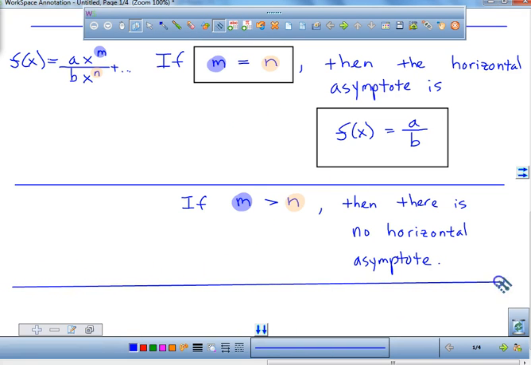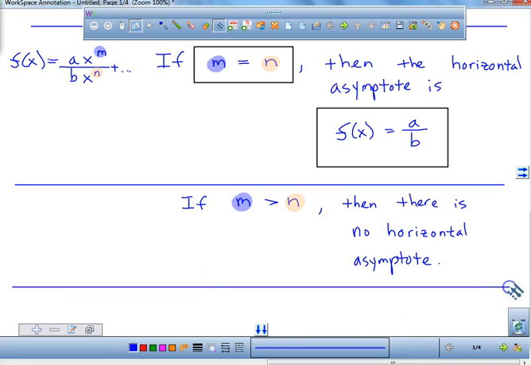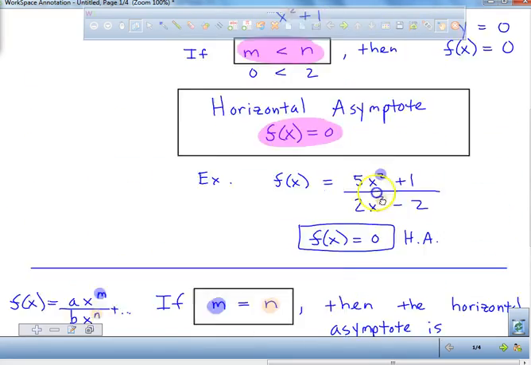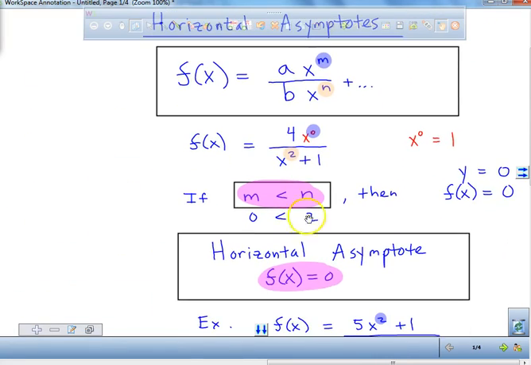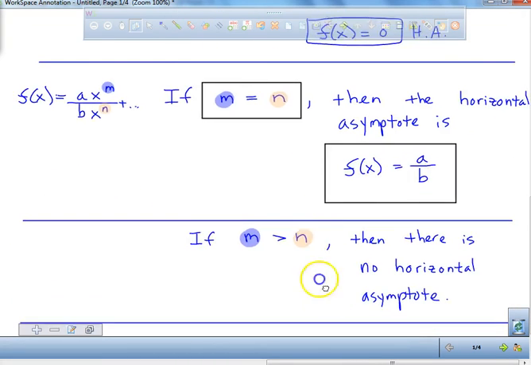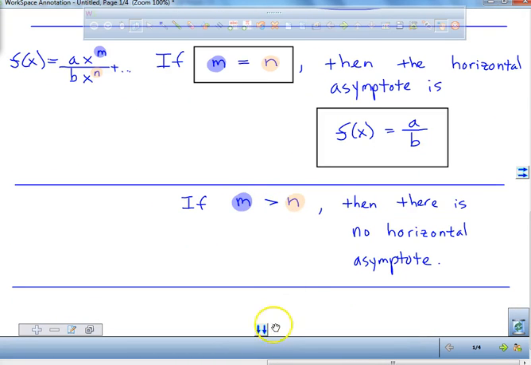Okay? So the asymptotes for the vertical. So the vertical is whenever the denominator equals 0. We're going to cover the vertical. All right? But we have 3 different scenarios. Either m is less than n, m is equal to n, or m is greater than n.